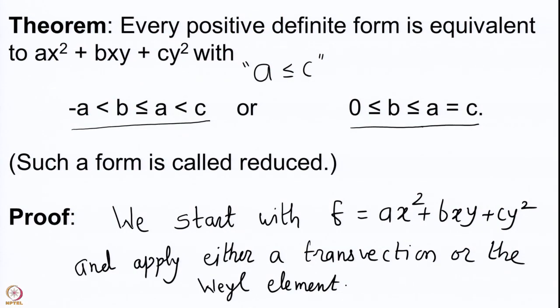Now, if you remember, we had more specific behavior for B. We did not allow B to take the value minus A. If your B takes the value minus A, you can apply transvection once again and get it the value 2A, and when you apply this particular transvection there is no change in C. So, we are looking at the reduced forms, and reduced forms mean that your B should have this behavior, not just should the B be between minus A and A, it should not take the value minus A. So, that you can easily arrange by the transvection once again.